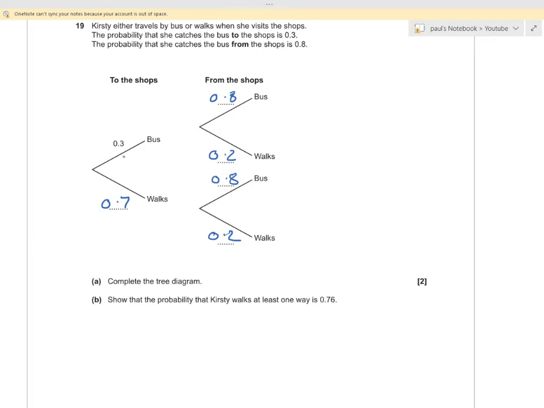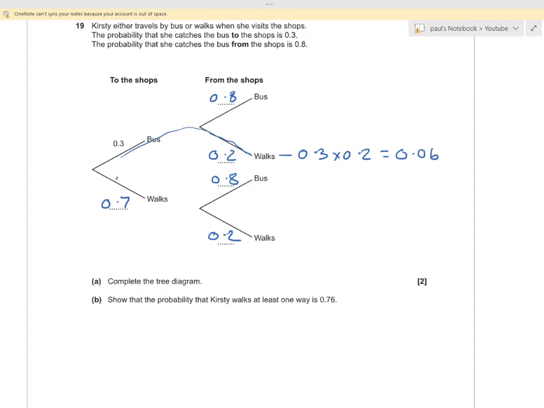So it's going to be 0.3 times 0.2, which is 0.06, for bus there and walk back.